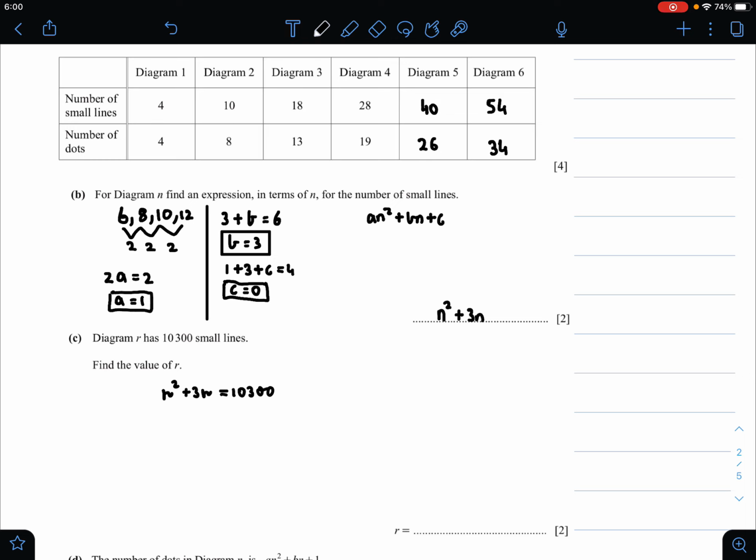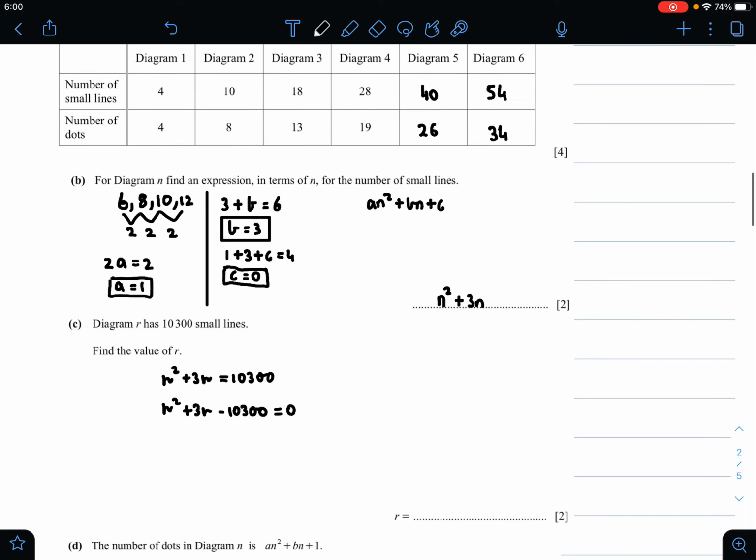So now what we need to do is solve for R. So let's take R common. So if we take R common, R square divided by R would be R, and 3R divided by R would be 3. My bad, we have to solve this quadratic equation. So R square plus 3R minus 10,300 is equal to 0.